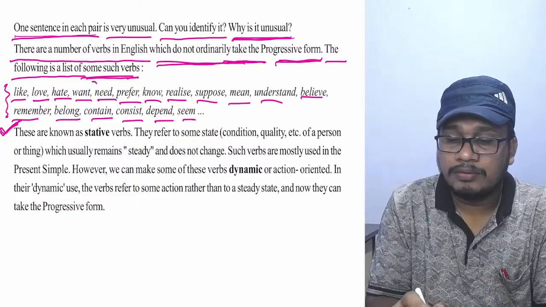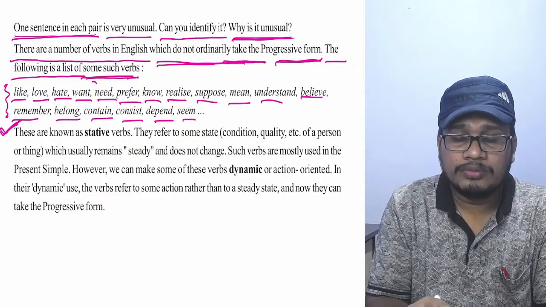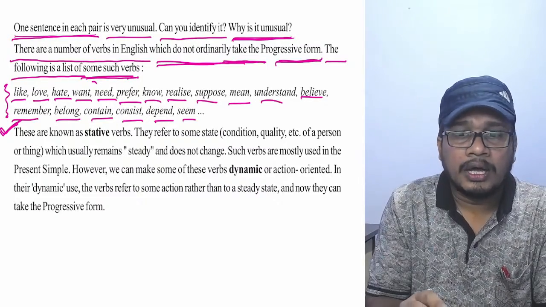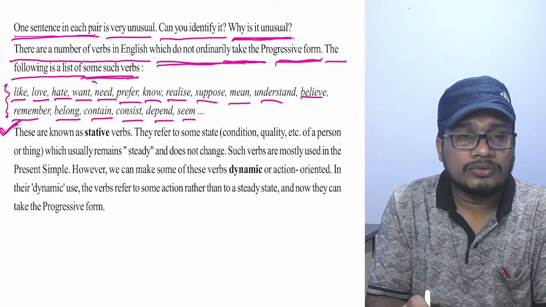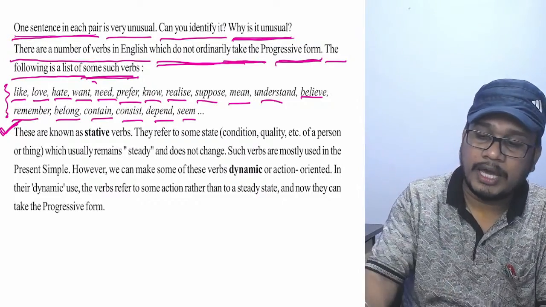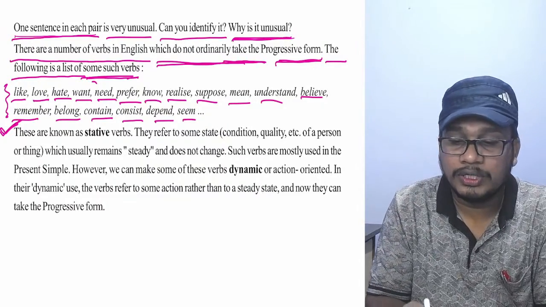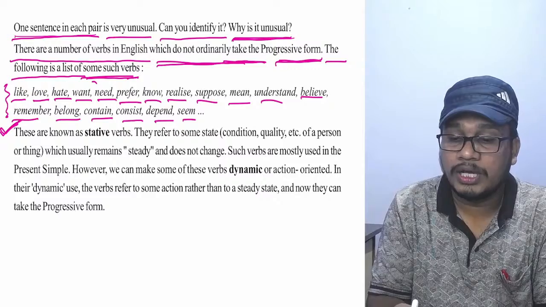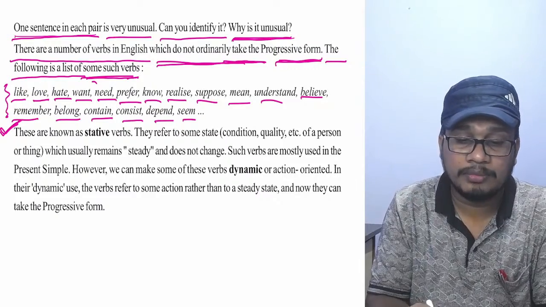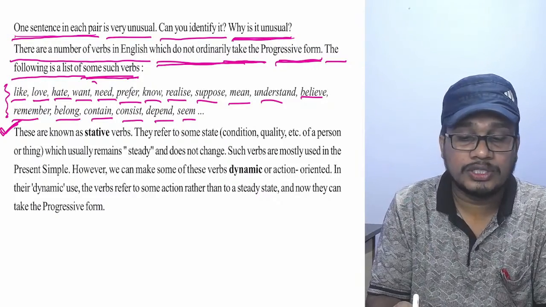The verbs included in the list usually do not take the ing form: like, love, hate, want, need, prefer, know, realize, suppose, mean, understand, believe, remember, belong, contain, consist, depend, seem.